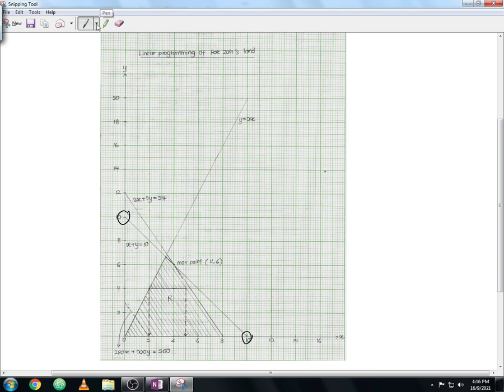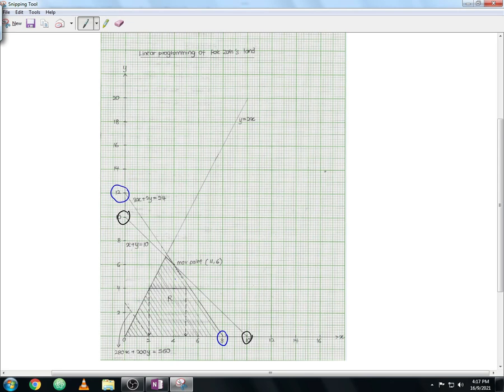Now proceed with the second straight line, 3x plus 2y equals 24. Similarly, I choose the intercepts. For the y-intercept, you set x equals 0, so 2y equals 24, and you get y equals 12.